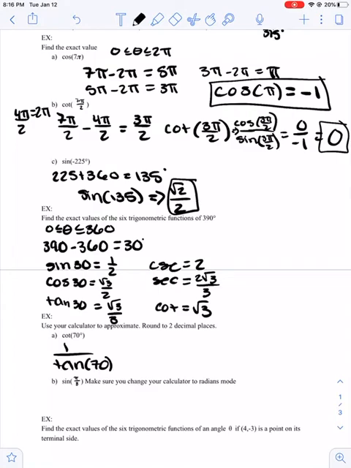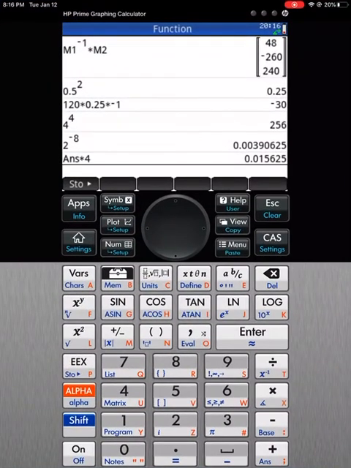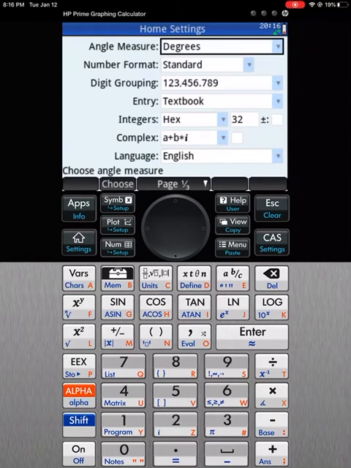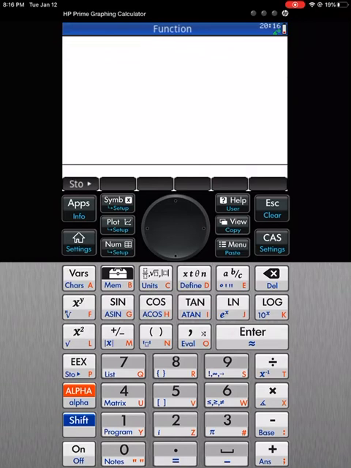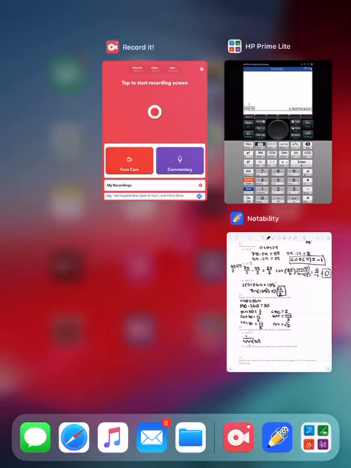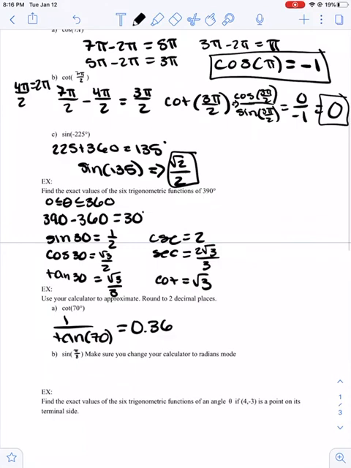And then we're going to plug in that 70 degrees. So going to our calculator, we want to make sure that we're in degrees mode because 70 degrees. And then we're going to do our 1 divided by the tangent of 70. And then that equals 0.36. All right, that's it.